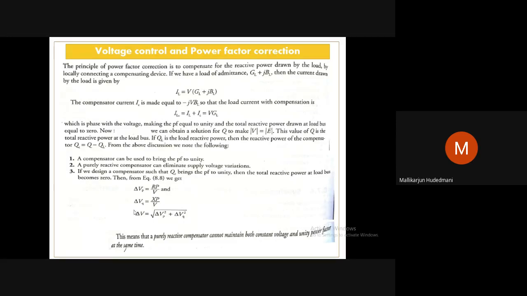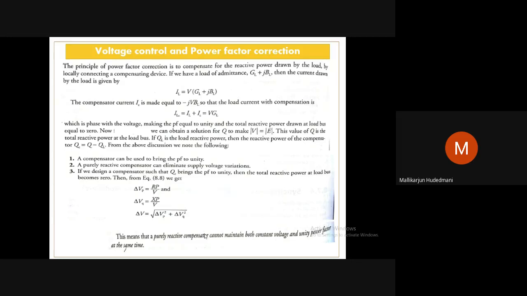So therefore, the total deviation in the voltage, a small change in the voltage, is delta Vp square plus delta Vq square, which means a purely reactive compensator cannot maintain both constant voltage and unity power factor. This is the knowledge we get. If you really want to maintain fluctuations very close to 0, a highly reactive compensator is required, which will not guarantee the unity power factor, because the system is becoming more inductive after incorporating inductive compensators.